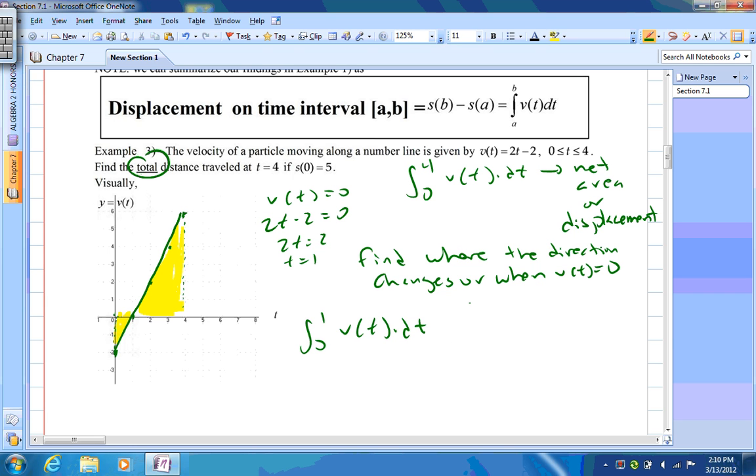And because from 0 to 1 there's a negative area, I'm going to put a negative right in front of it, plus the integral from 1 to 4 of v of t times dt. So if I work all this out, I'm going to have negative the integral from 0 to 1 of 2t minus 2 times dt, plus the integral from 1 to 4 of v of t times dt.